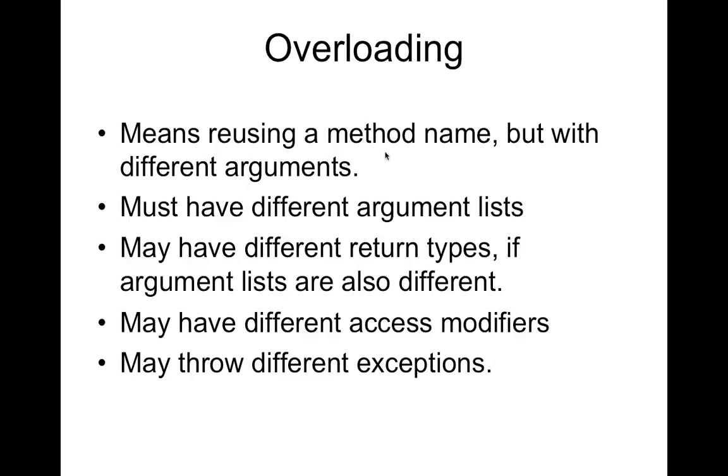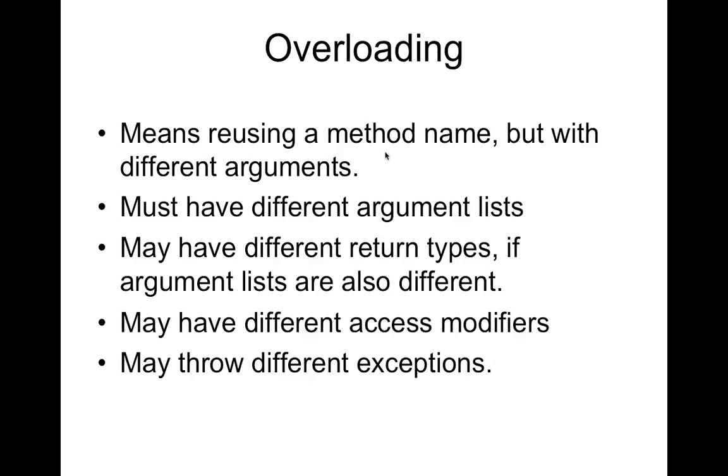Fine. All this while we were talking about overriding, let's talk briefly about overloading. Overloading is the existence of the same form of the method within the same class with different method signatures. It means reusing a method name but with different arguments.